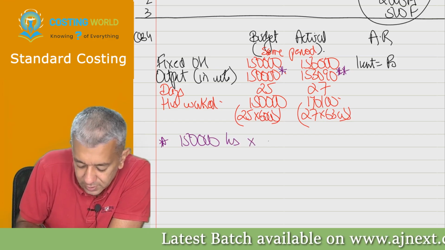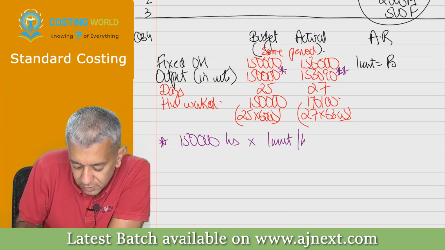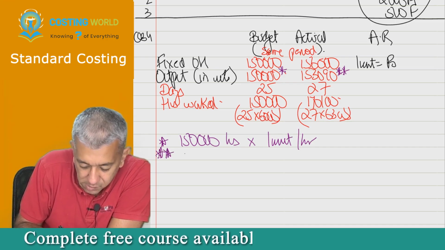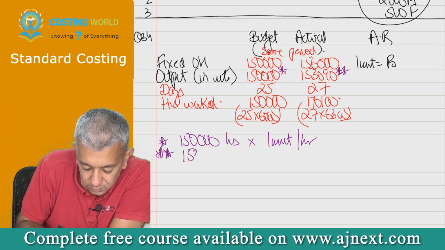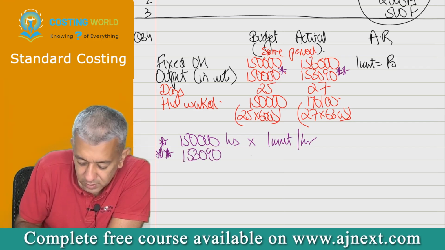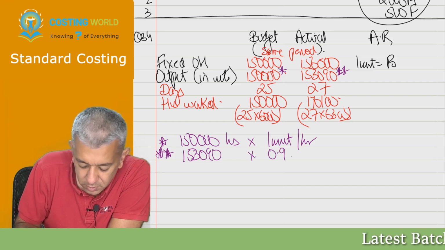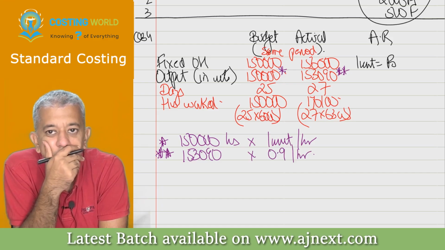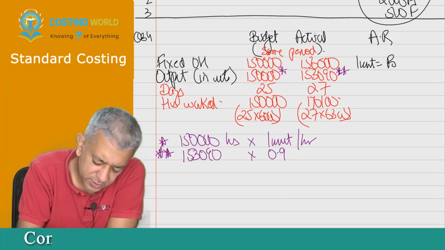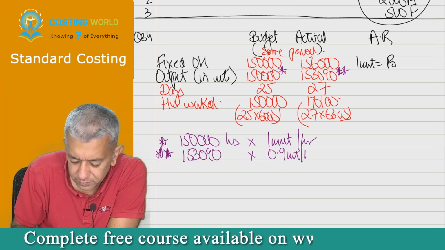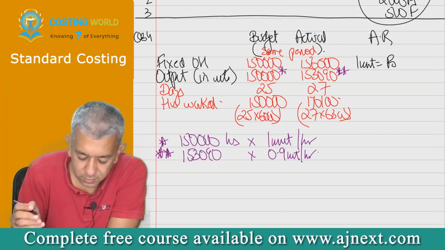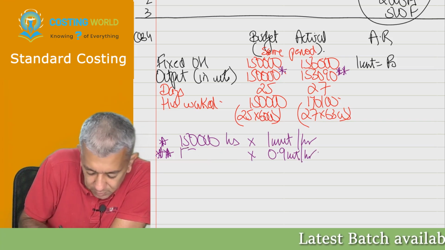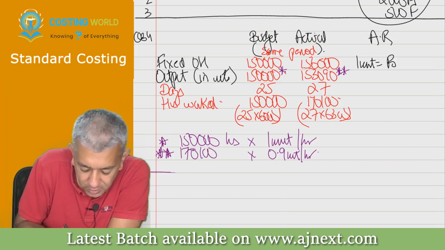1,50,000 hours into 1 unit per hour. 153,090 into 0.9 units per hour, you all write down. 170,100.